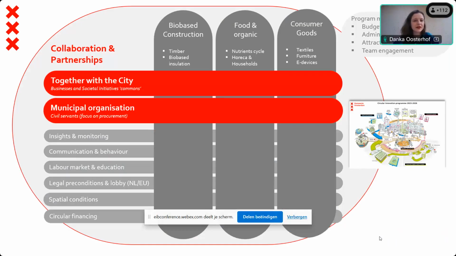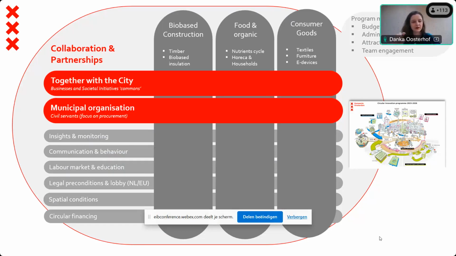And then the 2 red horizontals are the target groups that we collaborate most with, which are businesses and societal initiatives, so more external towards us, but the second one is our internal focus, really much on procurement, but also other key roles within the municipality, because in 2026, everyone working at the municipality should know how to do their work in a circular way.